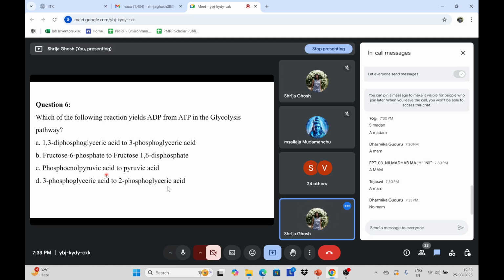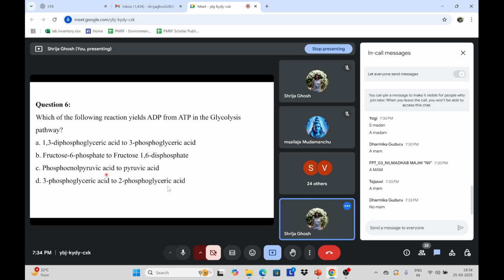So now if a reaction is yielding ADP from ATP, that means ADP is gaining one phosphate to form ATP. What does it mean? That means there's one substrate that is losing a phosphate that is acquired by ADP to form ATP.